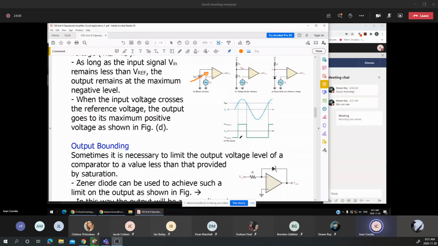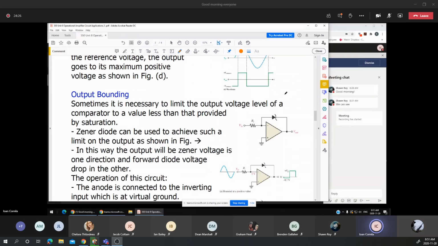Remember that it is the maximum negative because the op amp is supplied by the two voltages, the positive and the negative voltage, and has no feedback resistance, no RF and RI.